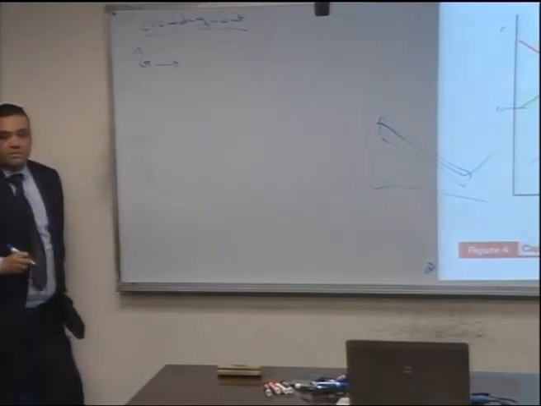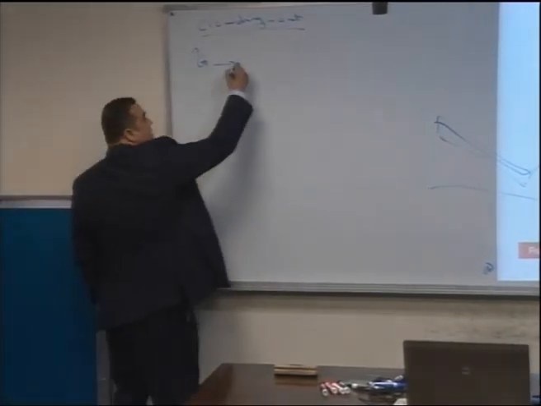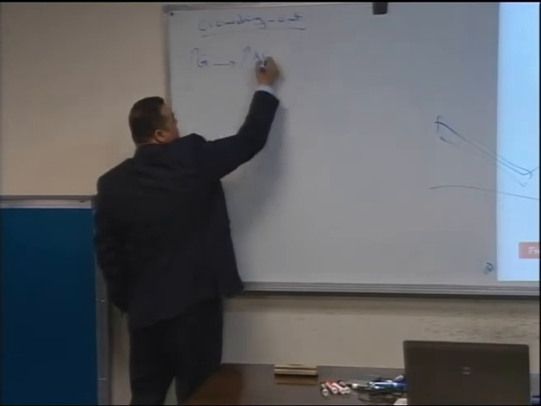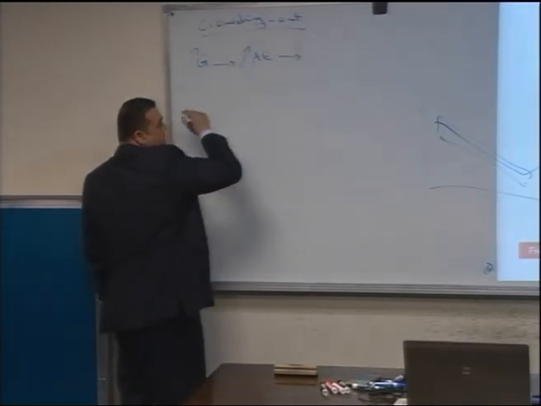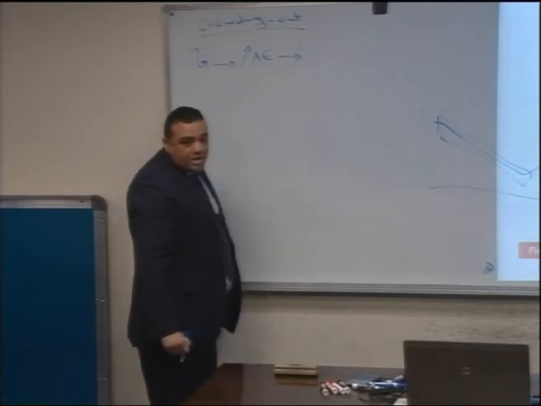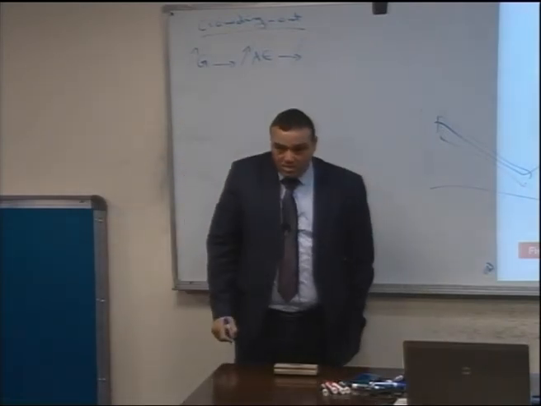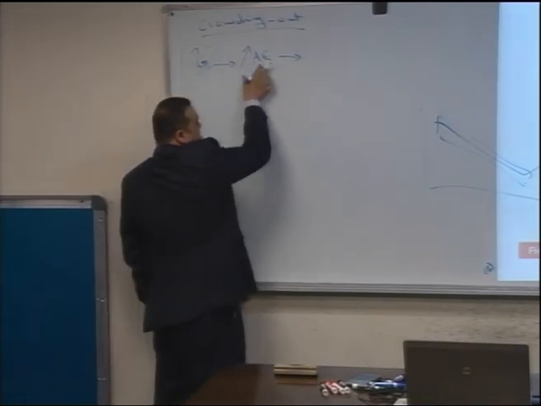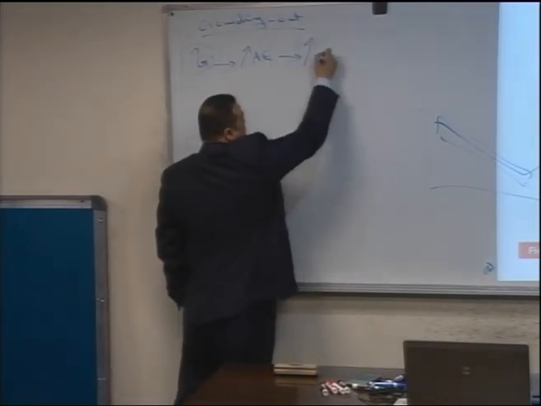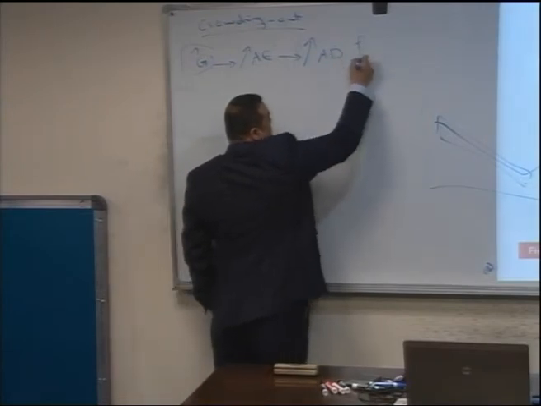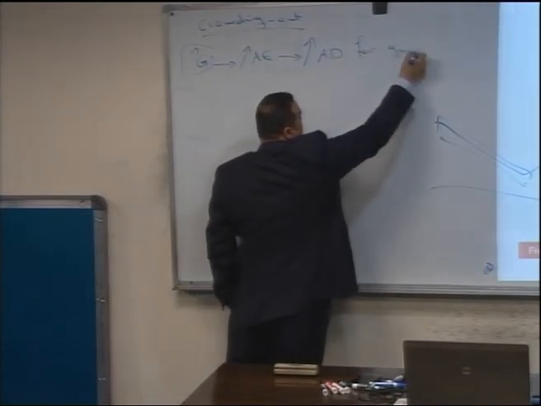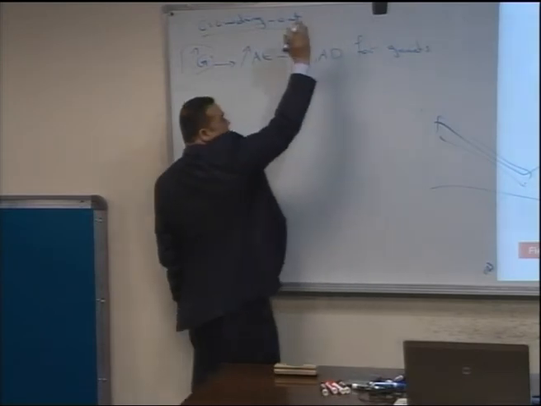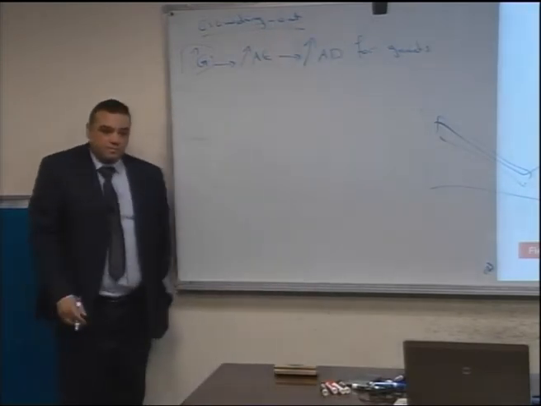Increasing G leads to increasing the aggregate expenditures, because this is part of the aggregate expenditure function, or aggregate demand. As the government increases G, aggregate expenditures increase, and the aggregate demand for goods increases. Right?